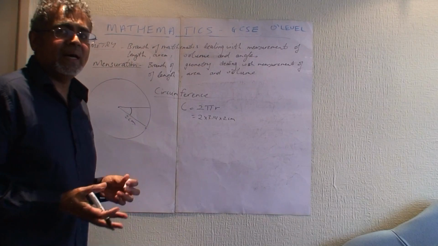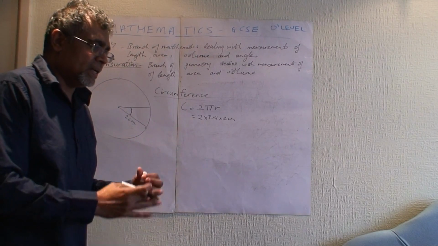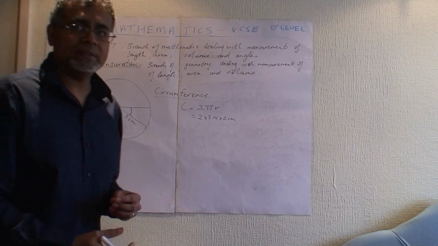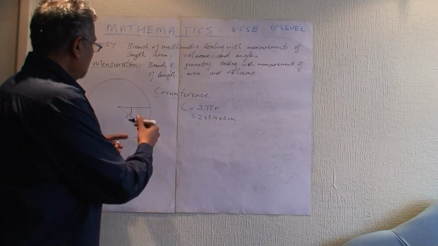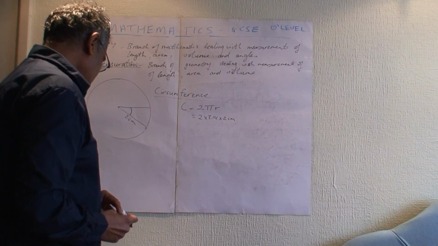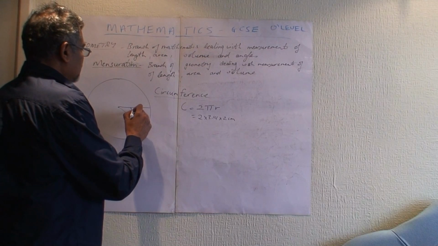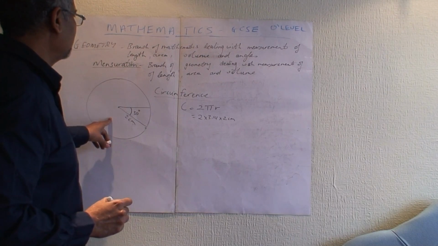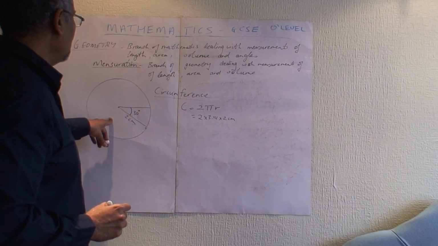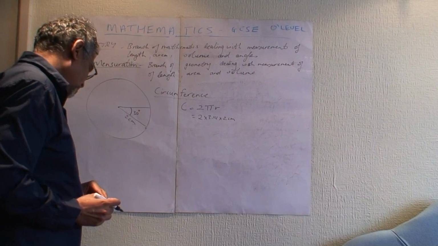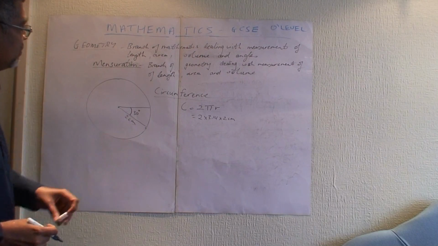It's like you have a pie, and you cut the pie in different sectors, and let's say we know the angle is like 30 degrees. So how do we find the area of this?